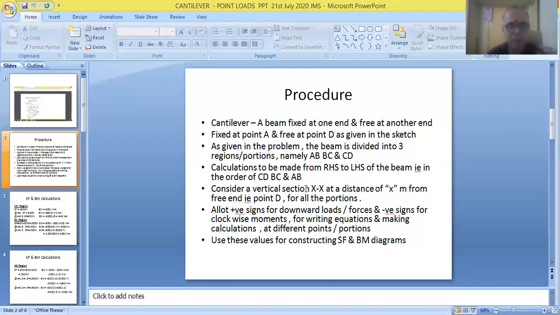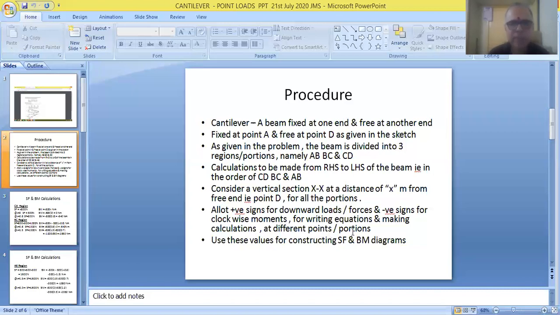So writing equations is very important. We have to remember this fifth point, essential for writing SF and BM equations at different regions of the cantilever.